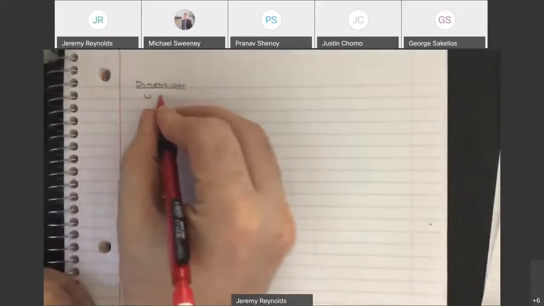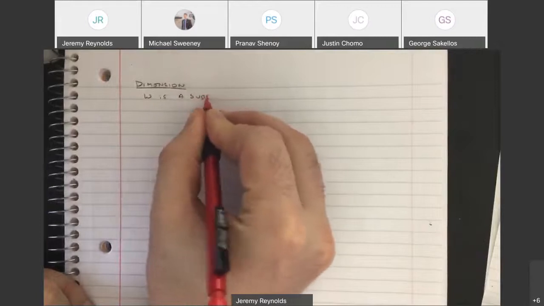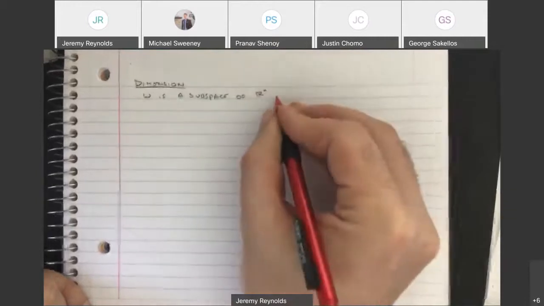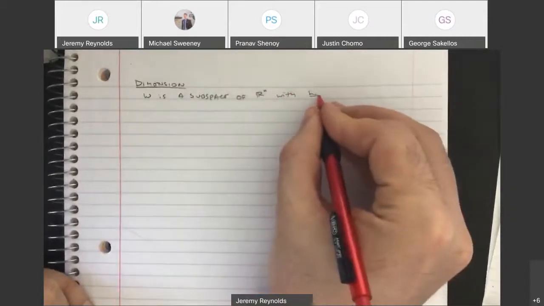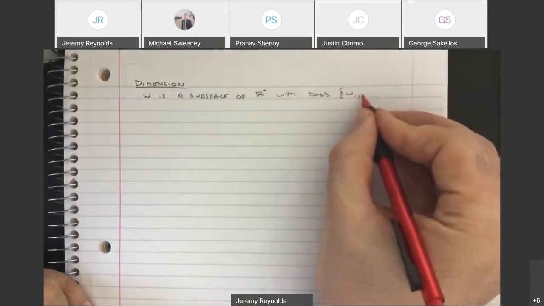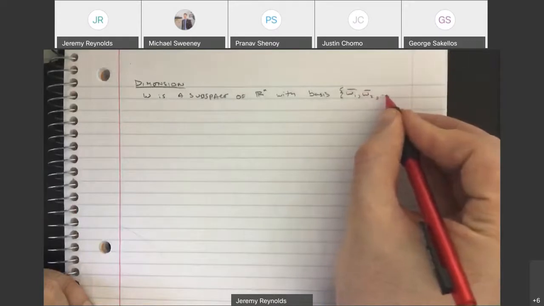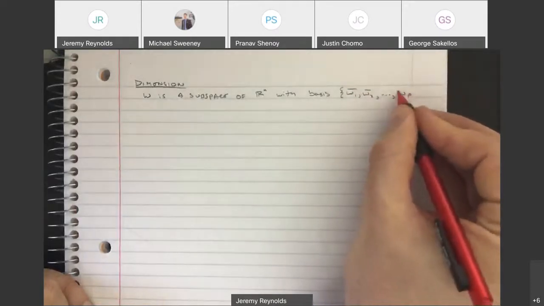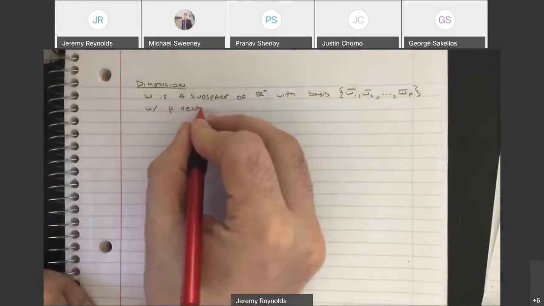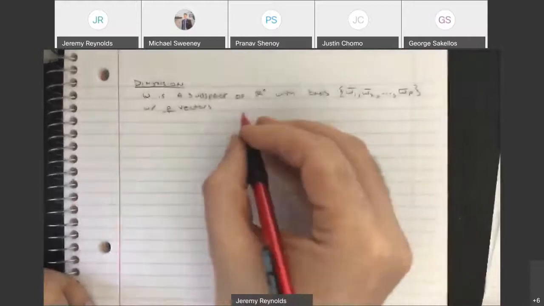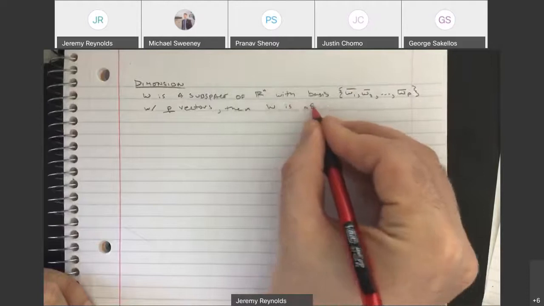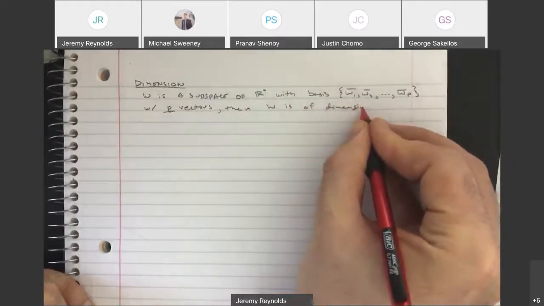If W is a subspace of Rn with a basis w1, w2, up to wp with p vectors, then W is of dimension p.